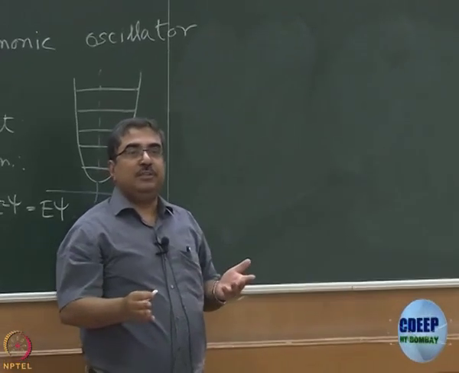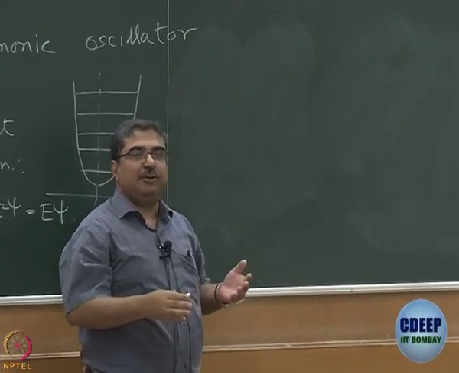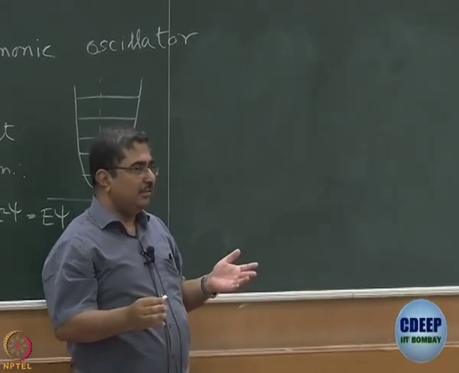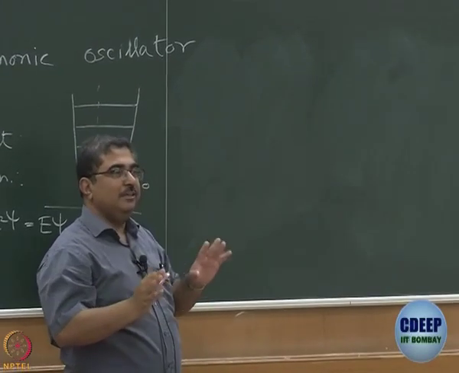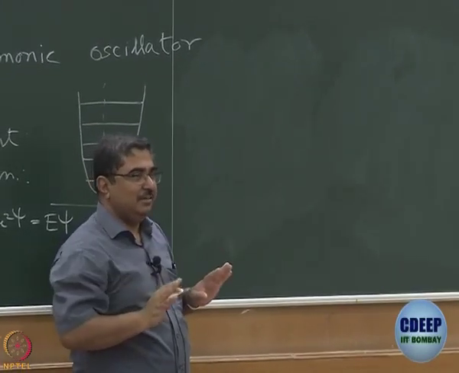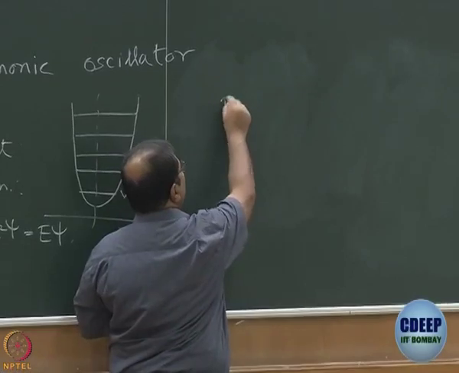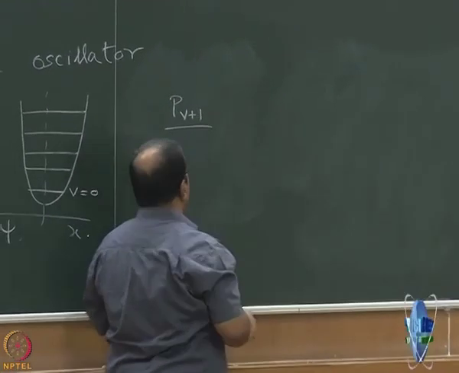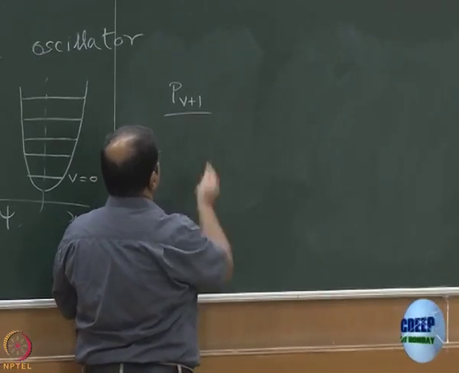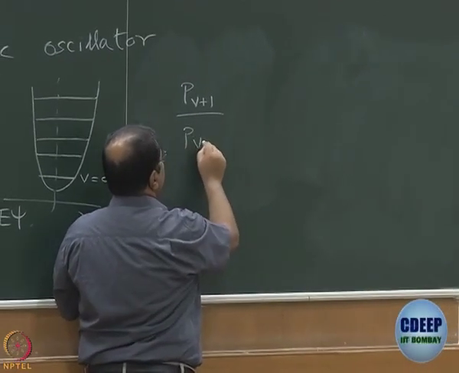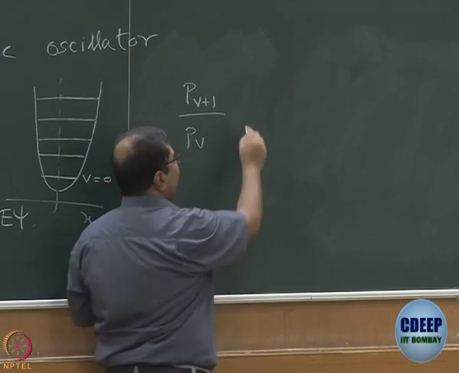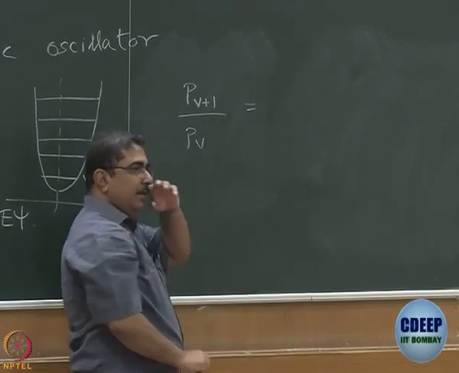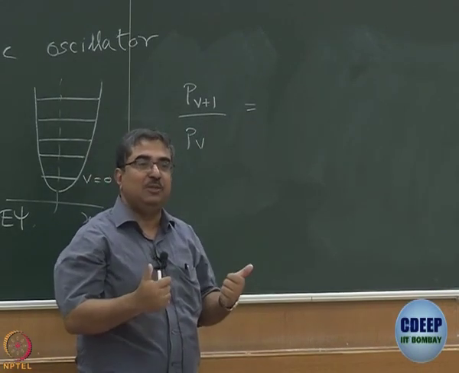Again, we use a concept that we have discussed for your rigid rotor, very simple. It is your Boltzmann distribution. Using Boltzmann distribution, you understand that P V, what would that be equal to? Now, degeneracy of each of these levels is actually 1.